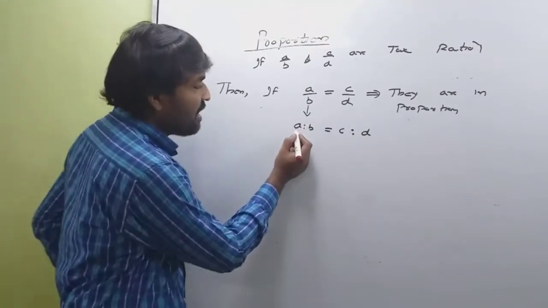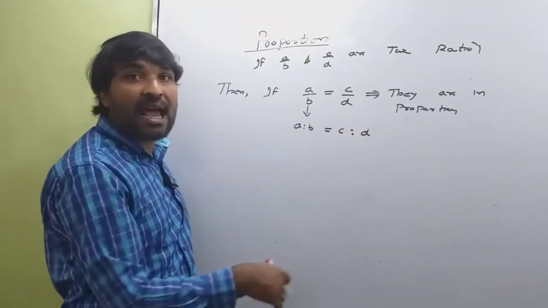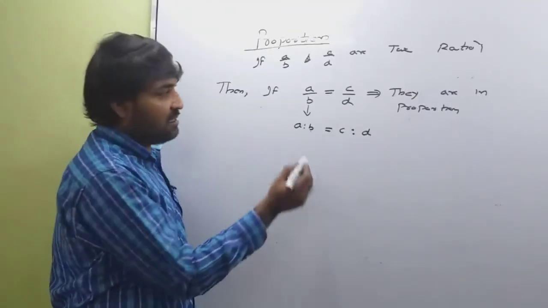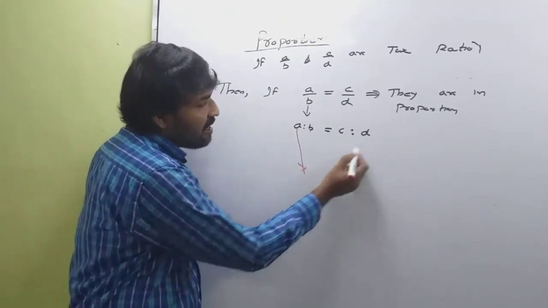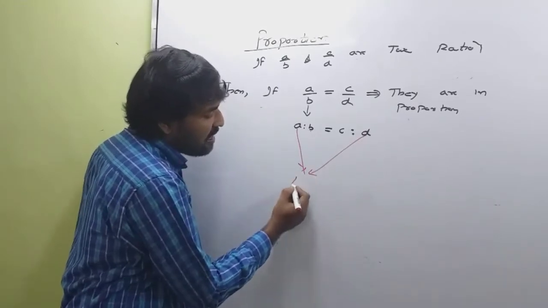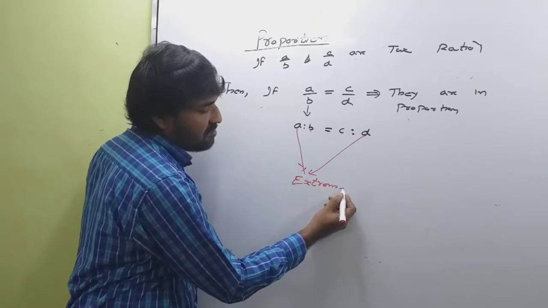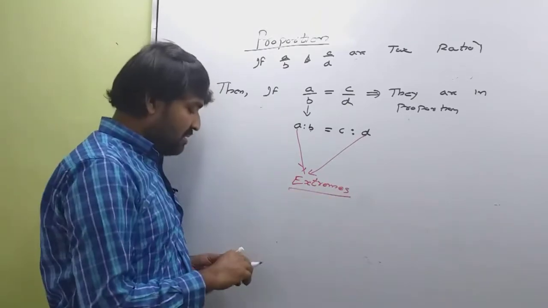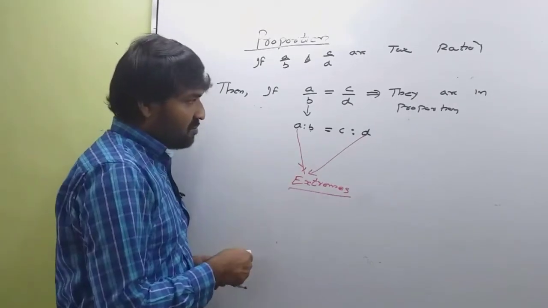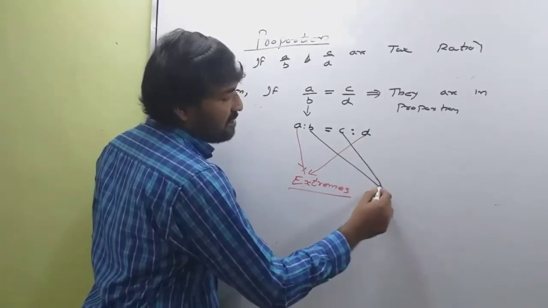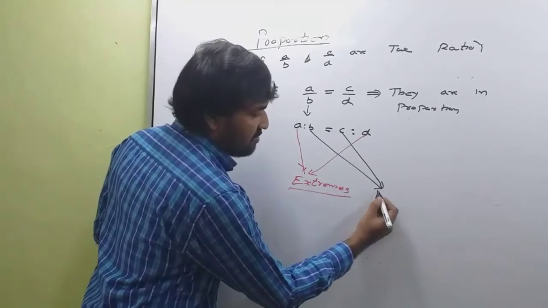This A and D are called extremes, and B and C are called their means.